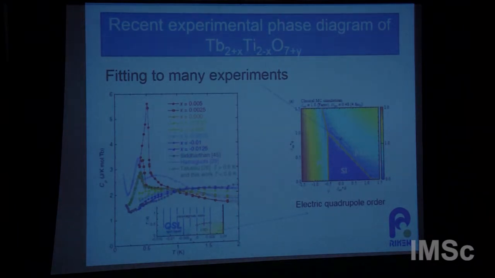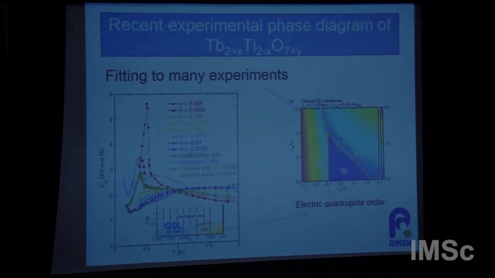But if you have a spin liquid or classical spin-ice, it's much harder. But in any case, we can compare the results taken at different x. So then sometimes we see sharp peaks in the specific heat, and sometimes not.